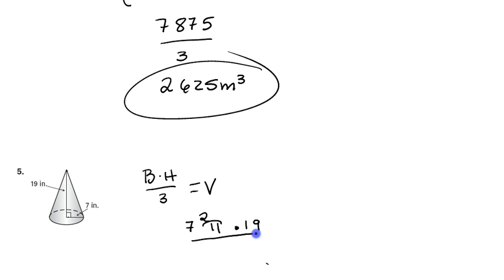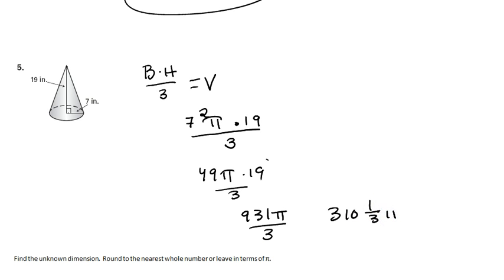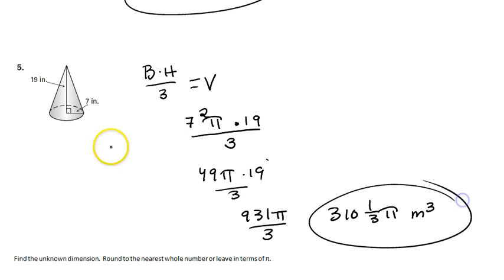And all of this is going to be divided by 3. So if we do the math here, we get 49 pi times 19 divided by 3, or 931 pi divided by 3, which gives us 310 1/3 pi meters cubed would be the volume of this cone.